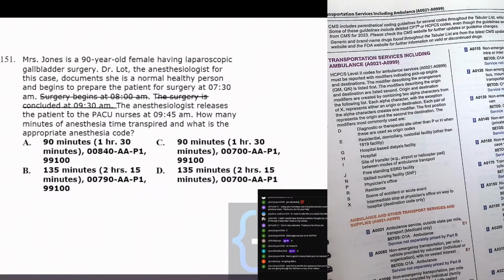Always get rid of those. When you're billing anesthesia, surgery has nothing to do with anesthesia. So the rest of the time that's left over is 7:30 to 9:45. What is that, 2 hours and 15 minutes or whatever? That helps you cut down your available answers right away, all right?